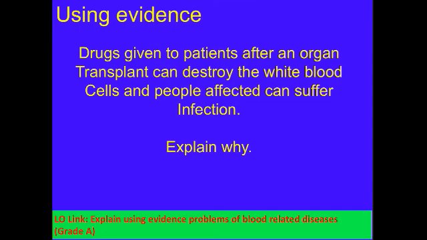So that means that person won't have as many white blood cells in their body. These people are more likely to get an infection. Explain why. Okay, so this is going to be asking you about using your knowledge about white blood cells and what they do, and how that links into making somebody get an infection.